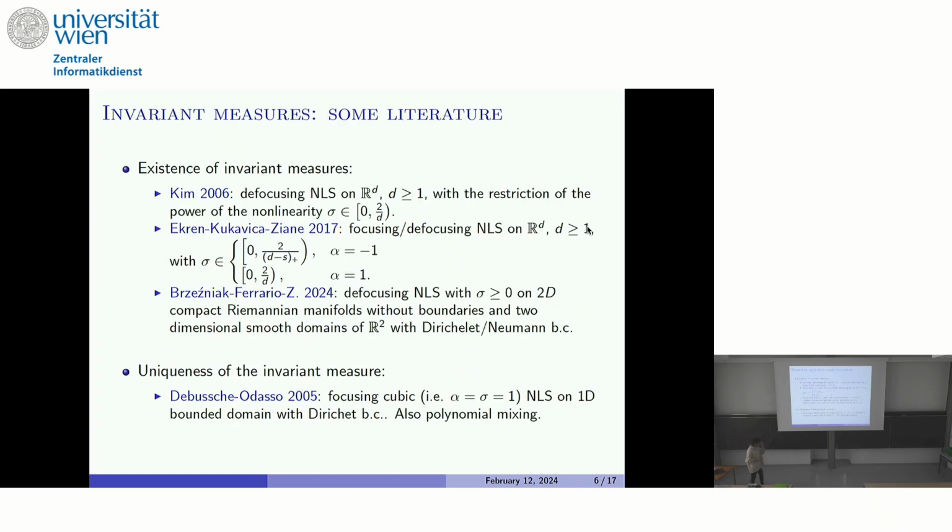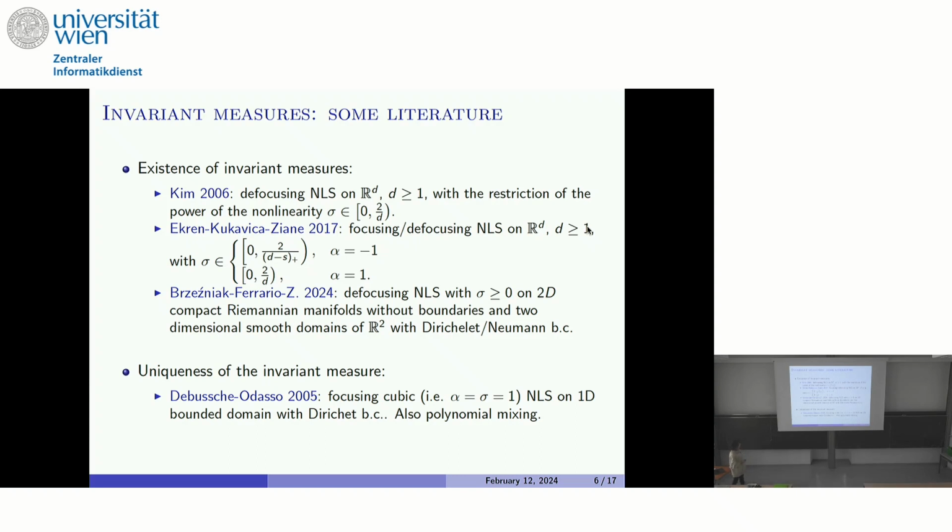So what about the results in the literature? Here I quote some results. As far as the existence of the invariant measure is concerned, there is a result by Kim of 2006, where he proves existence of at least one invariant measure on the full space, so on R^d, in any dimension, and he considered the defocusing case and a range of parameters which is not the usual one for the defocusing case.